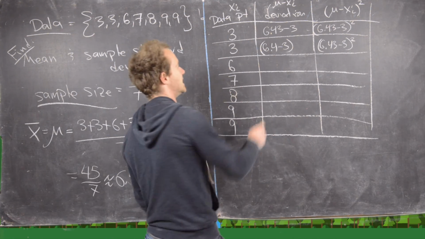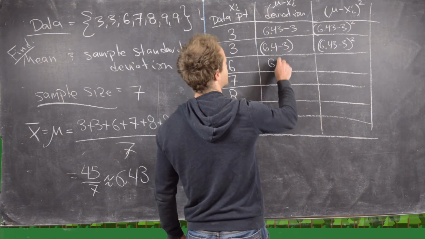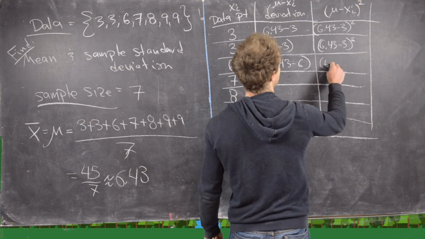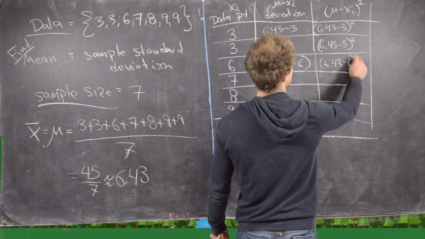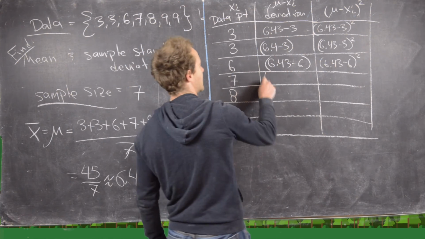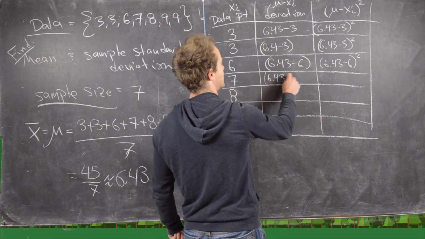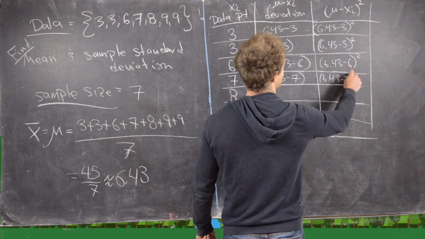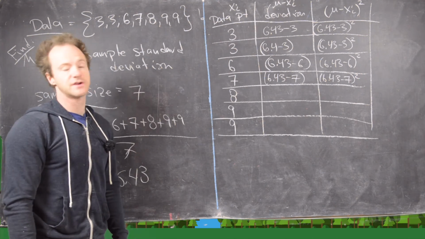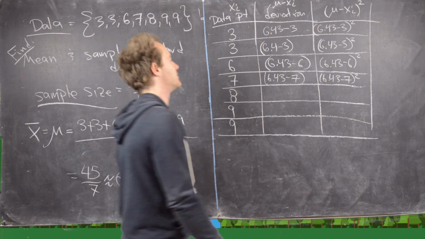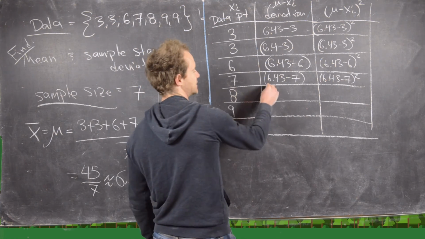Okay, and then here we're going to have a 6.43 minus 6, and then 6.43 minus 6 squared. And here we'll have 6.43 minus 7, and then 6.43 minus 7 squared. So the next thing that you want to do is add up everything that you get from all of these columns. So let's finish this off real quick.